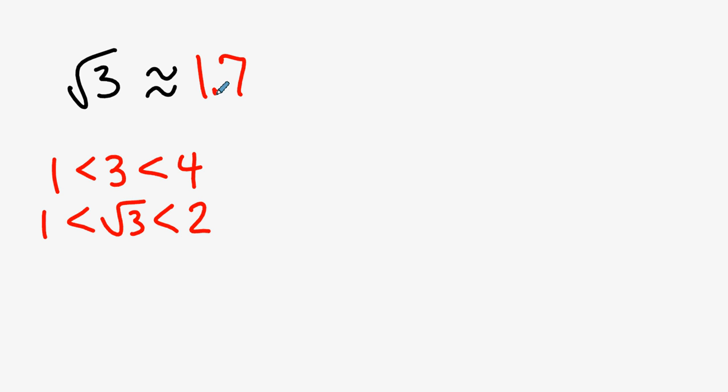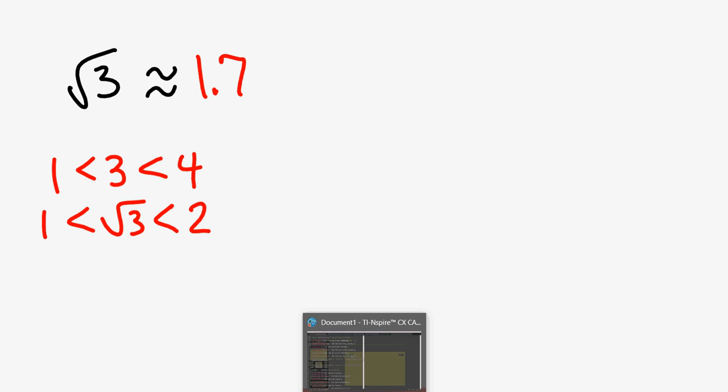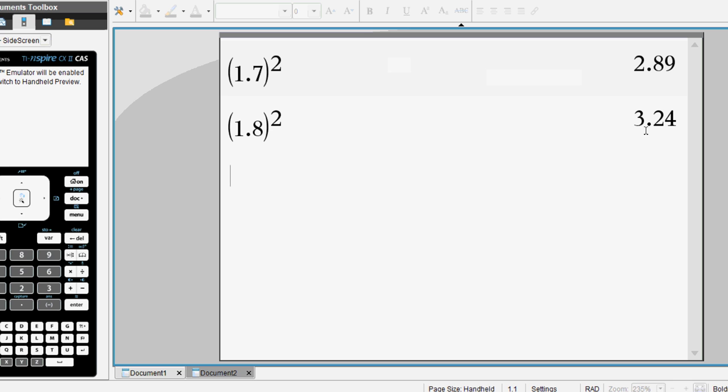And then we would decide, okay, it's between 1.7 and 1.8. It appears to be closer to 1.7 because 3 is 0.11 away from this and 0.24 away from that. So maybe we would try something less than 1.75, and we can trap the value this way.